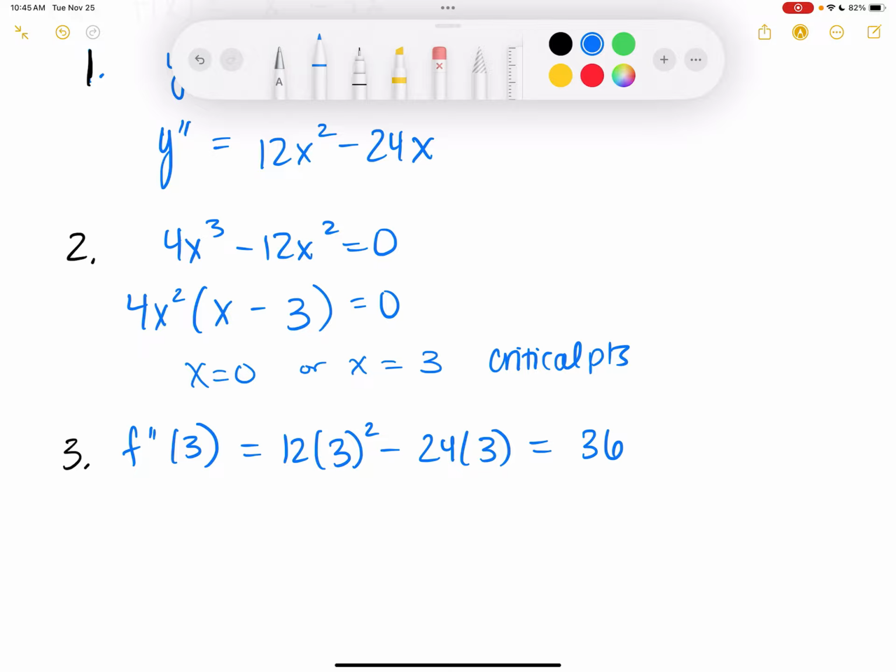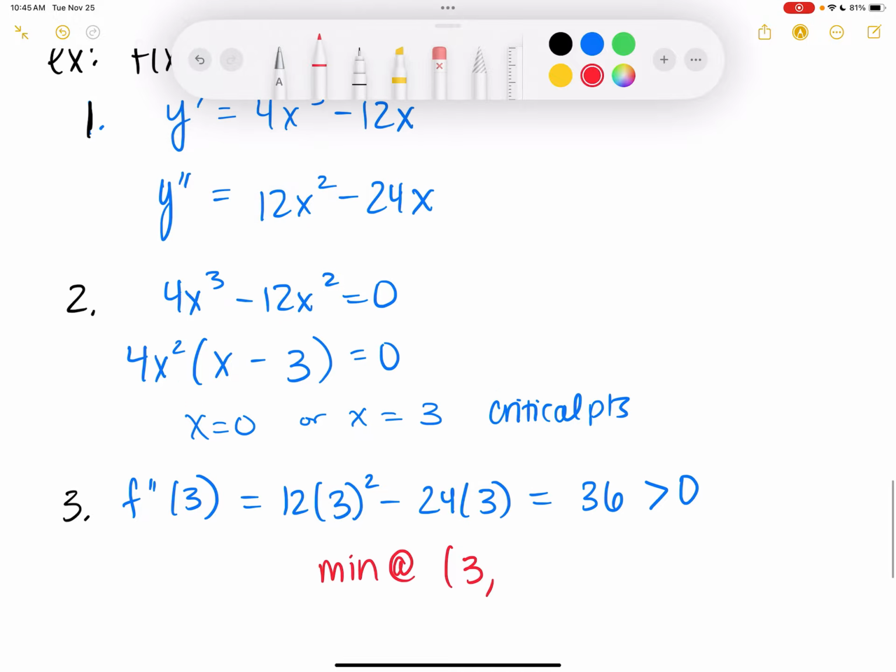So that means that that's a positive number. F double prime of 3 is greater than 0. And a lot of times, rather than writing it this way, let me write what I normally would do. I'll just come over here at the 36 and write greater than 0. And so then I'll say min at 3 and then plug in 3 to the original.